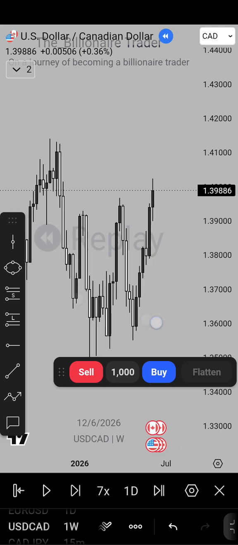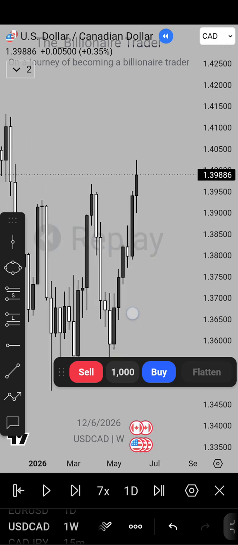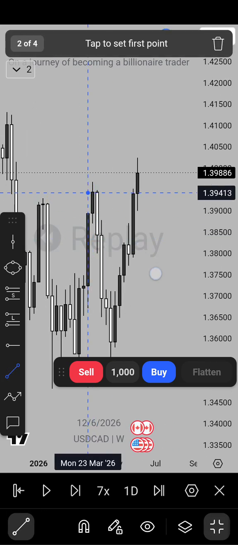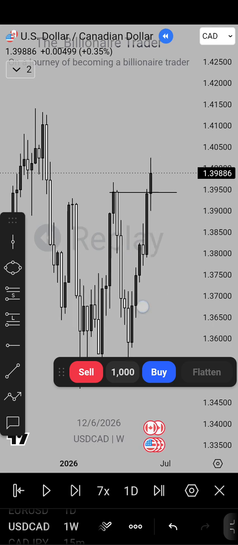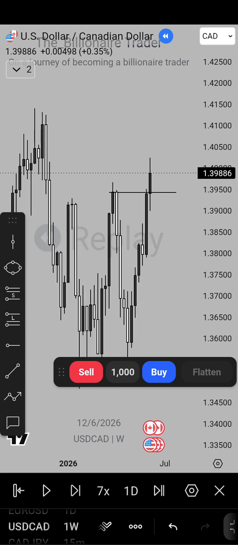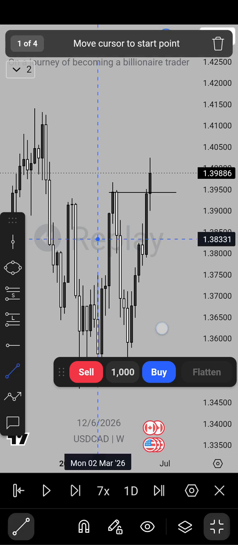Okay, good. So market invalidated this opposing key level here and closed above it. So since we have an invalidation of this opposing key level with a full body close above it, it indicates that we can still continue the buy.